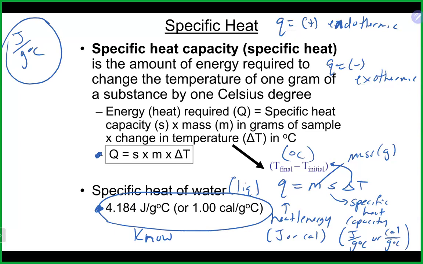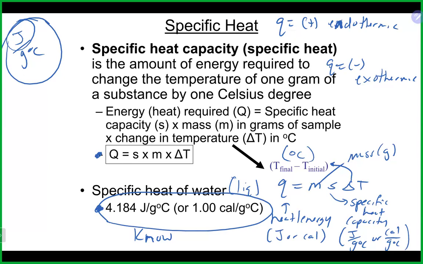What do you think? It would take more, right? The only way you can get a large number mathematically is if the number on top is high: large on top, small on the bottom gives you a large value. If you have a really small specific heat capacity, it doesn't take a lot of energy to change the temperature of that substance.